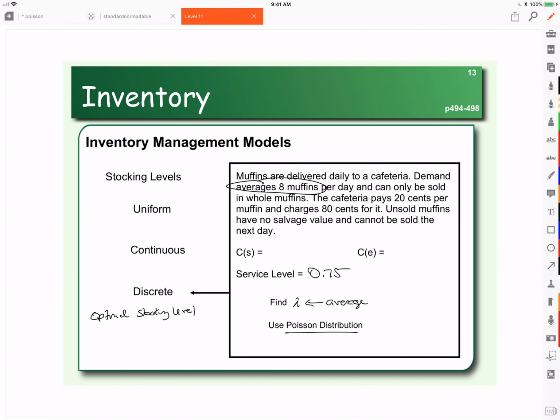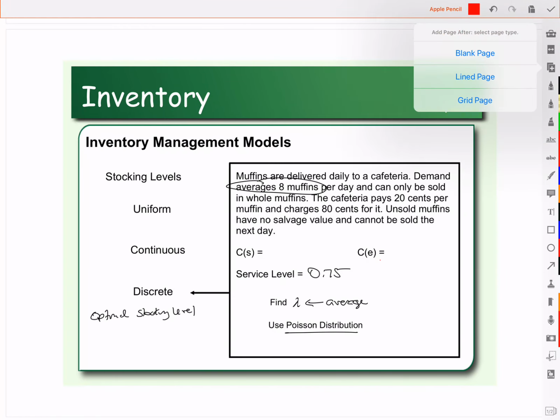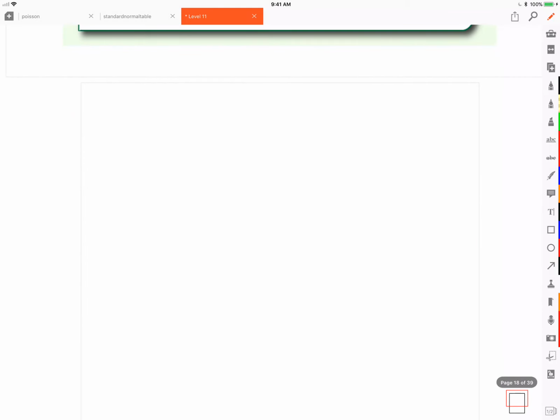So let's go back here. So what happens to that service level when you start to change the cost of shortage or the cost of excess? So let's create a blank page here. And remember that our service level is the cost of shortage divided by the cost of shortage plus the cost of excess.